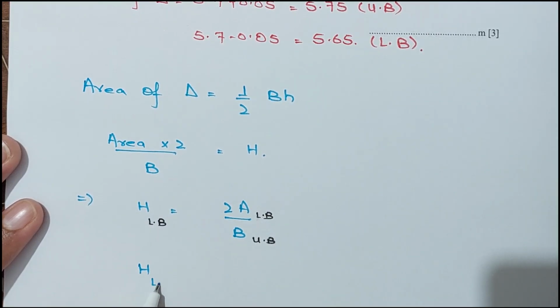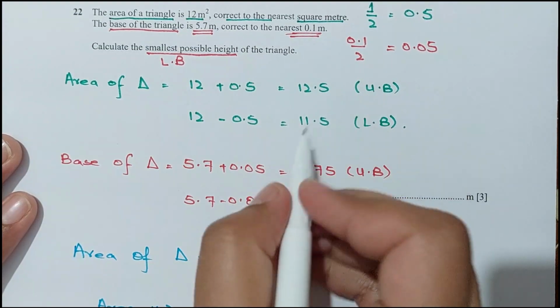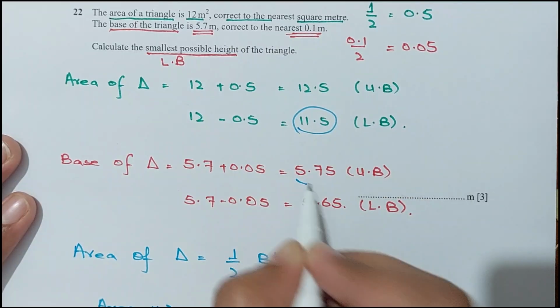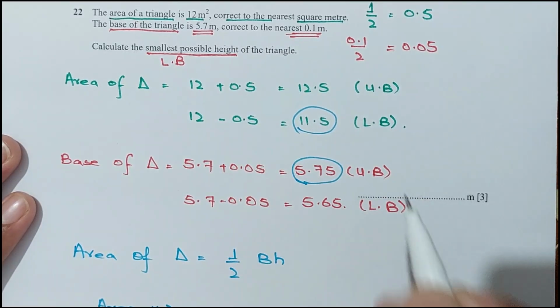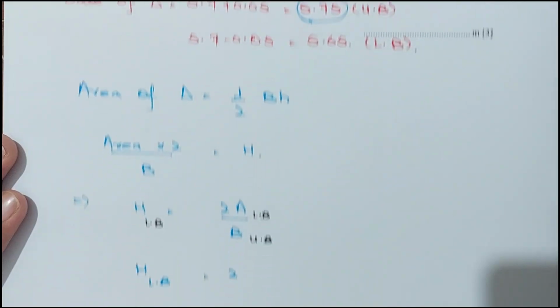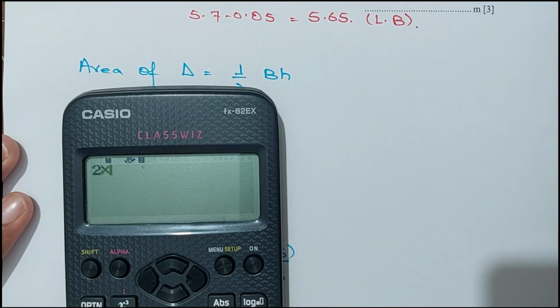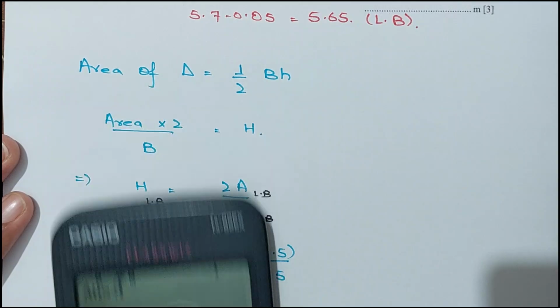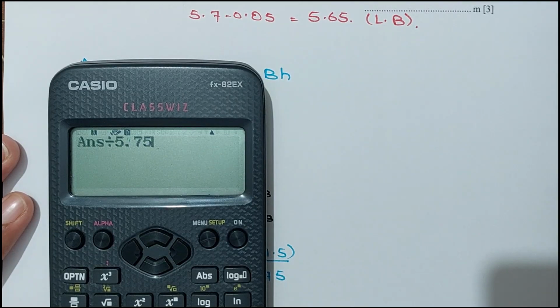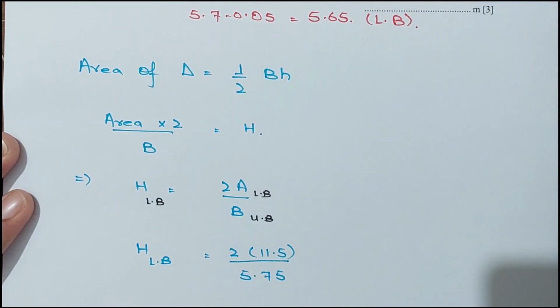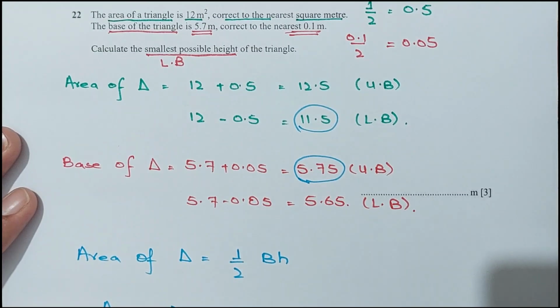So the height lower bound is equal to 2 into the lower bound of area, which is 11.5, divided by the upper bound of base, which is 5.75. Simplify and get the answer. 2 times 11.5 divided by 5.75 is equal to 4. So the height is 4 meters. This is the smallest possible value of height.